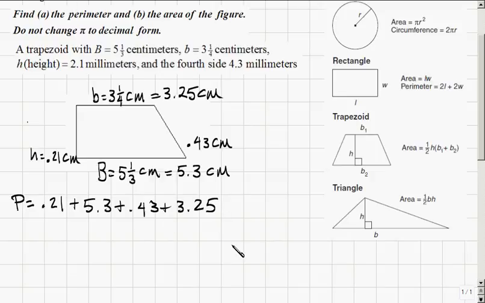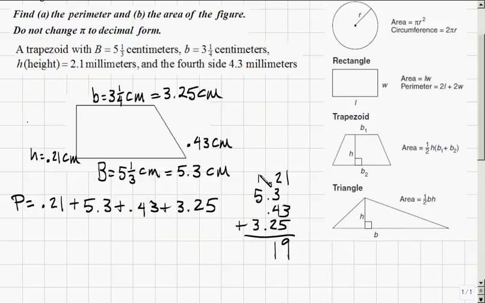And to add this up, let's add up the decimals in a vertical format. So 0.21, 5.3, 0.43, and 3.25. Add it up. 1 plus nothing is 1, plus 3 is 4, plus 5 is 9. 2 plus 3 is 5, plus 4 is 9, plus 1 is 11.